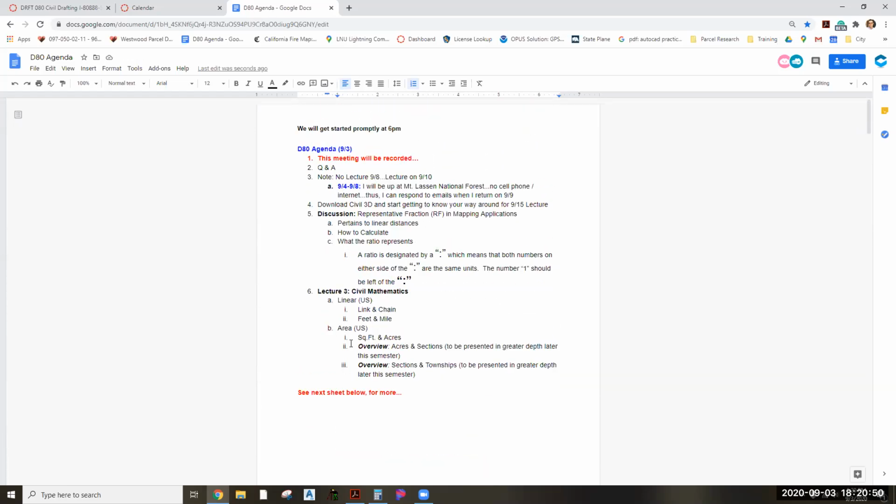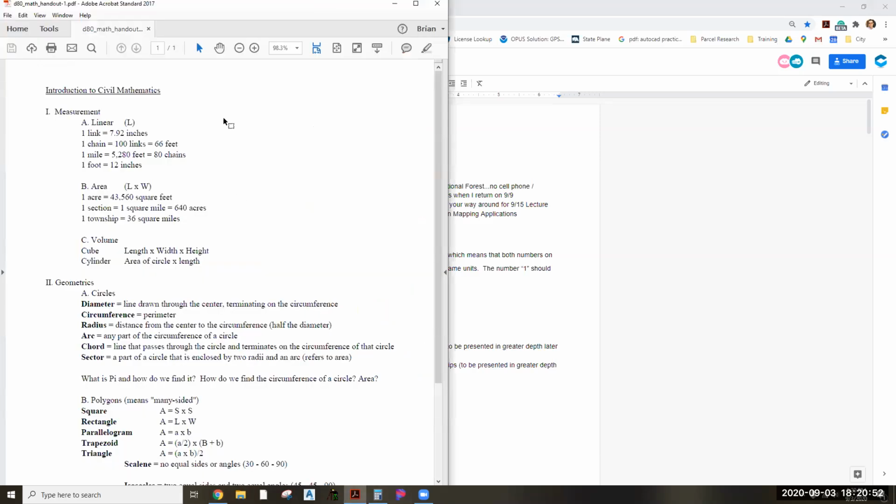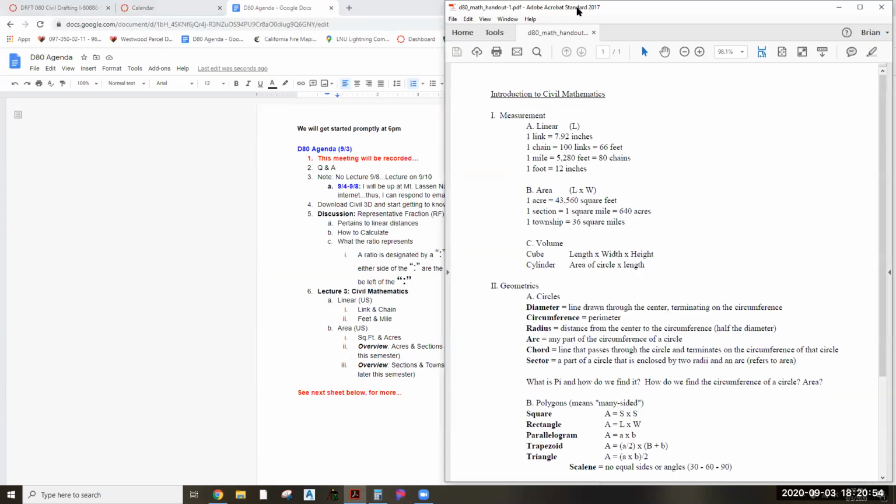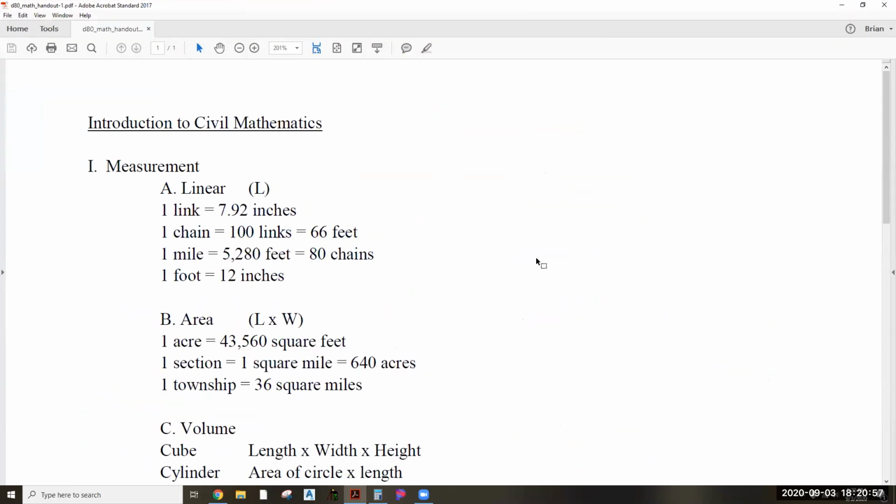So linear, if I come to the handout that I posted on your Canvas classroom, here's various ratios that would be helpful for you to know or have access to. Now, because this is an online class, you have access to all your notes when you take a quiz or a test. Make sure you have this printed. You don't have to memorize all these things, but it is helpful to have this handy if you have to convert one unit to another unit.